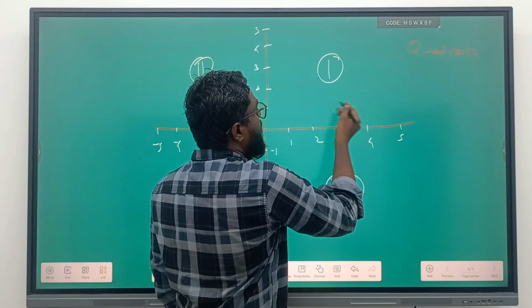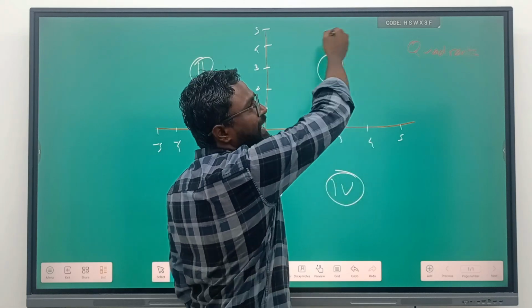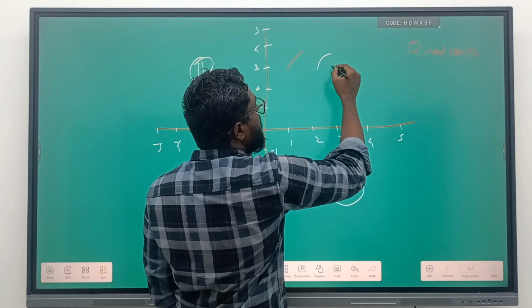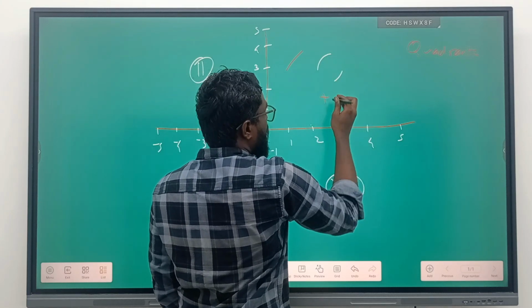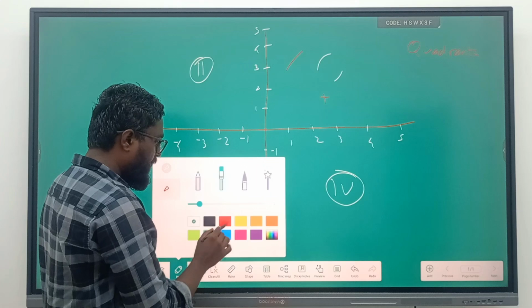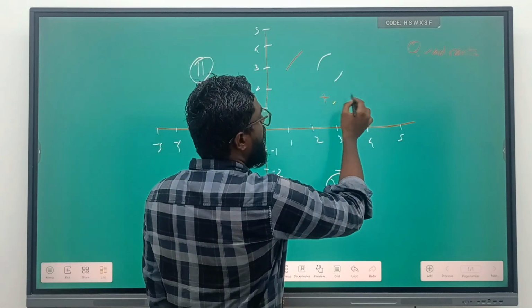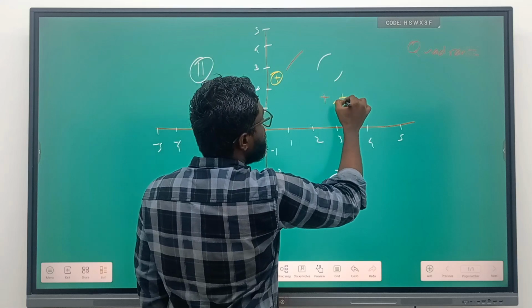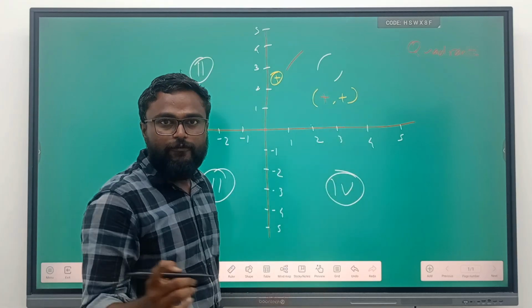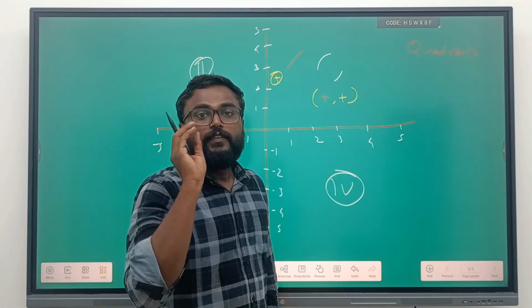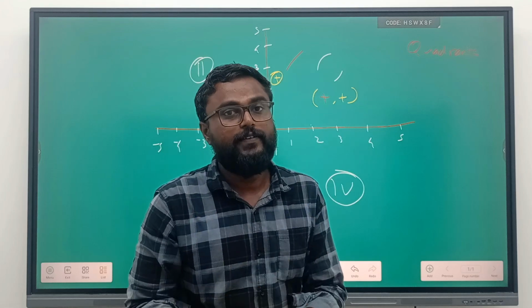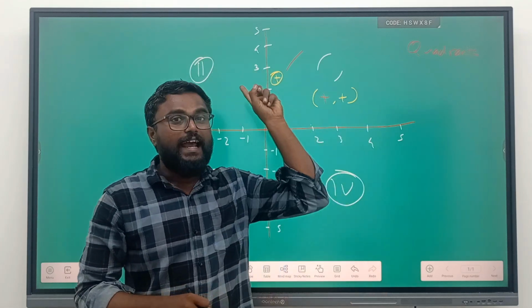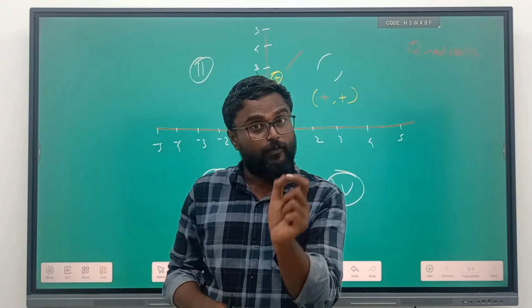So let's say any point that lies over here is going to have a positive x, and anything that lies on the y-axis is also going to be positive. So if we observe carefully, the coordinate points in the first quadrant are going to have x and y as positive and positive.